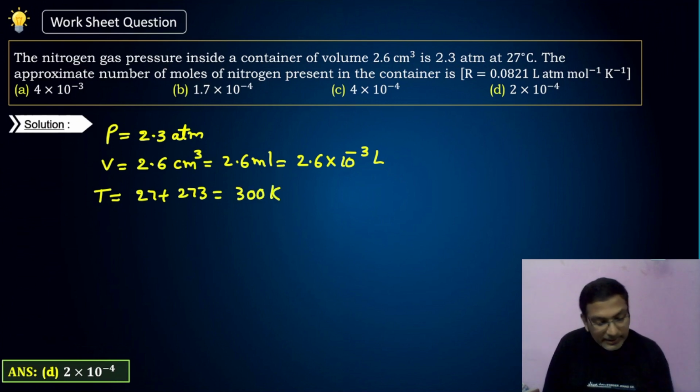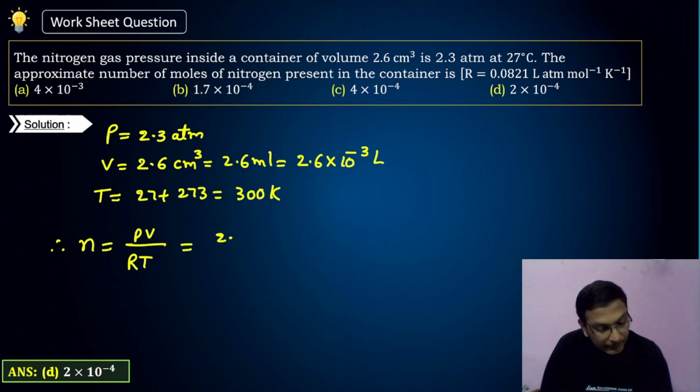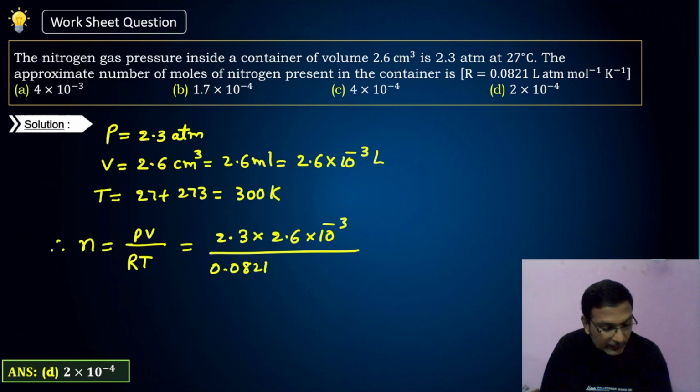We can calculate number of moles n equals PV by RT. So 2.3 atmospheres times 2.6 into 10 power minus 3 liters by 0.0821 into temperature 300.